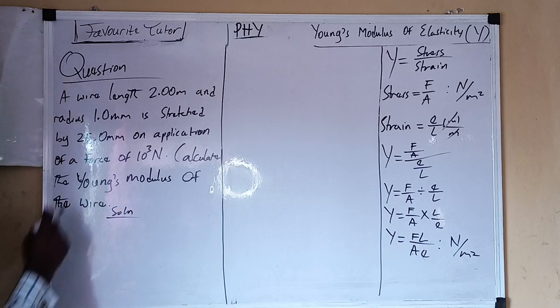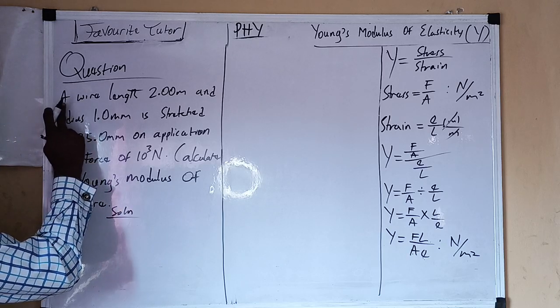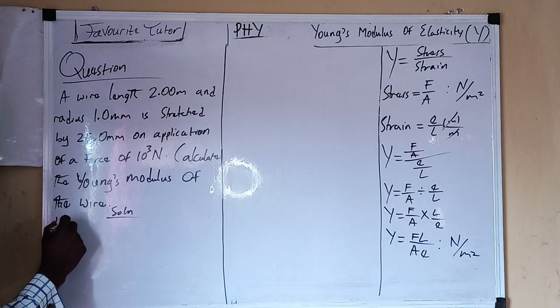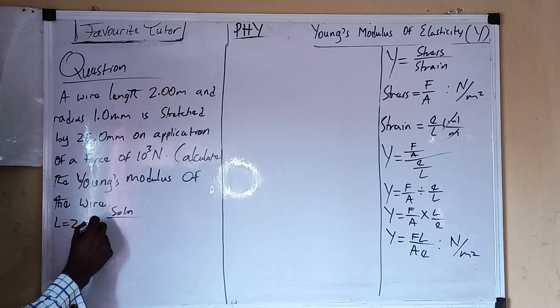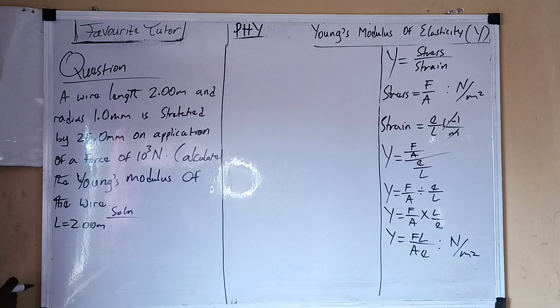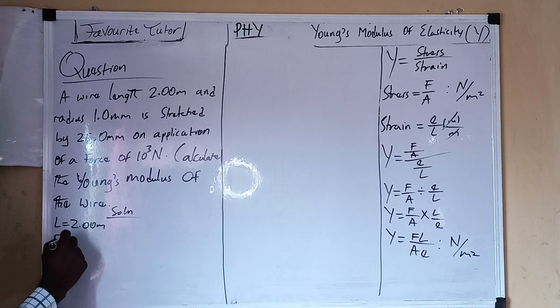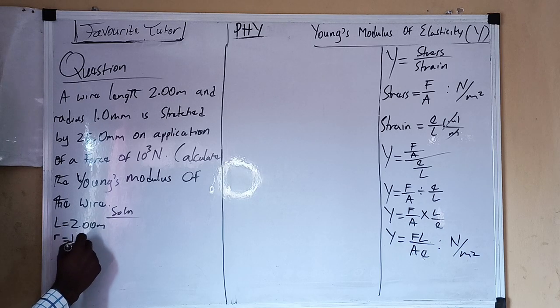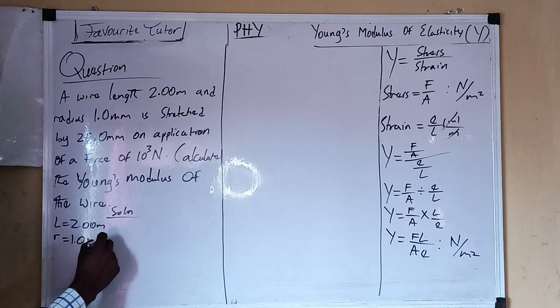Solution. All right, a wire of length, so therefore, the original length of the wire is 2.00 meter, and radius is 1.0 millimeter.